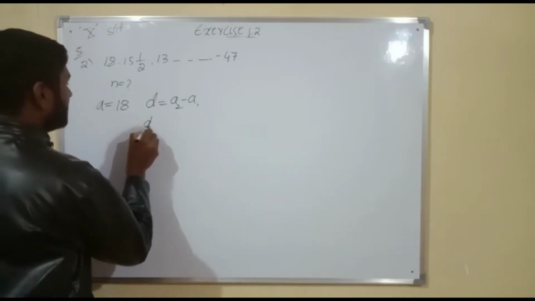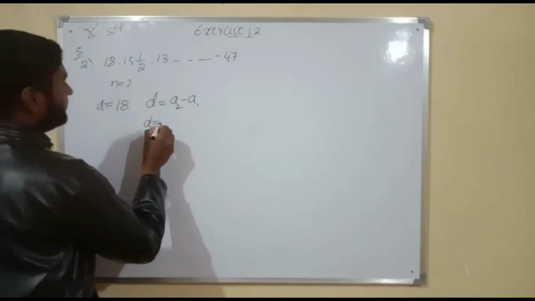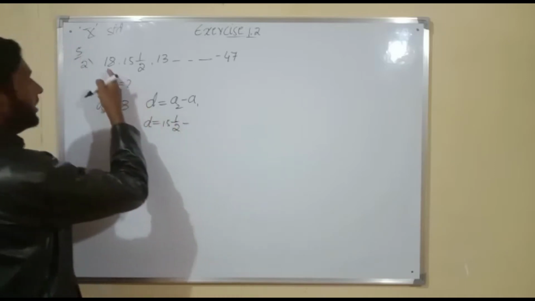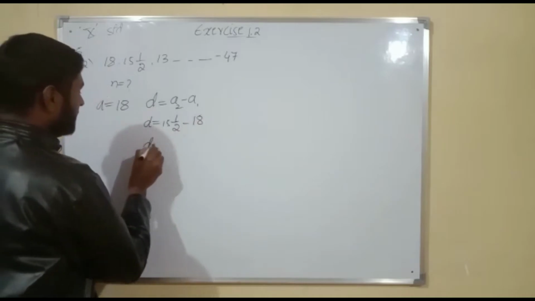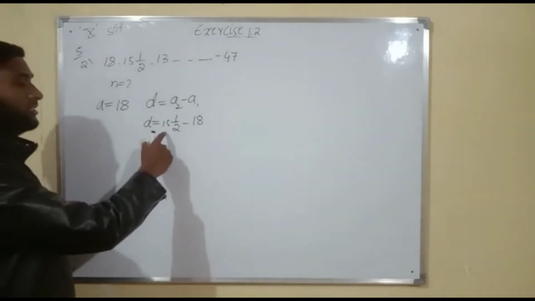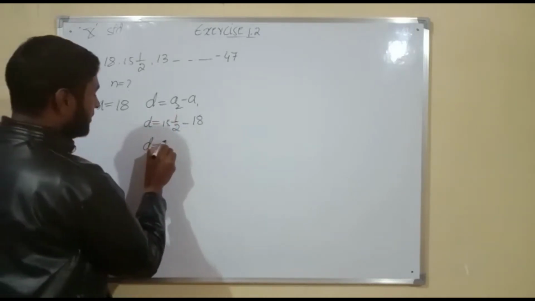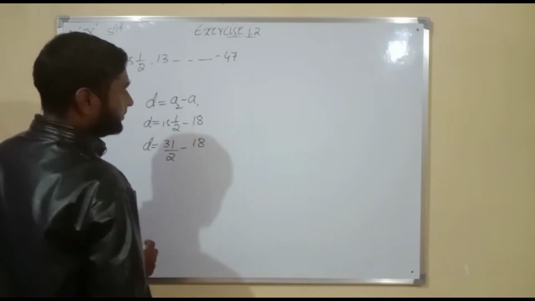Here D is equal to A2, which is given as 15 and 1/2, minus A1, which is 18. This is in the form of a mixed fraction, so let me convert it into an improper fraction: 15 times 2 is 30, plus 1 is 31, so 31 by 2 minus 18.